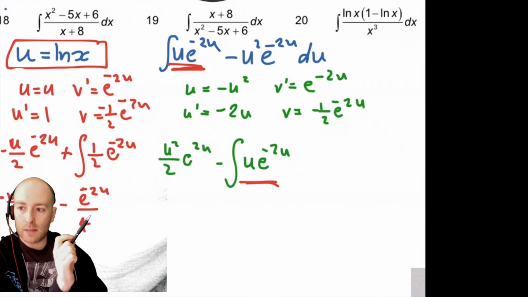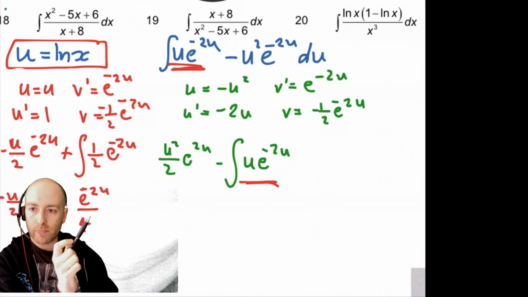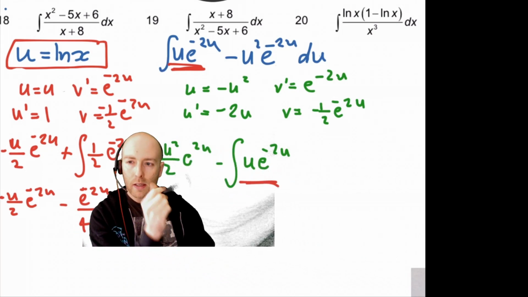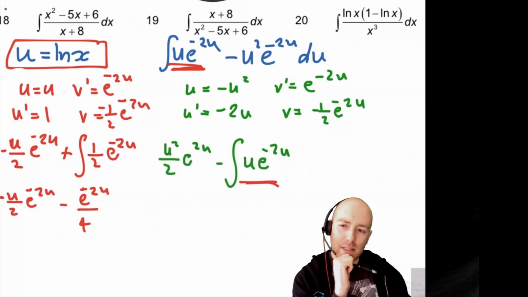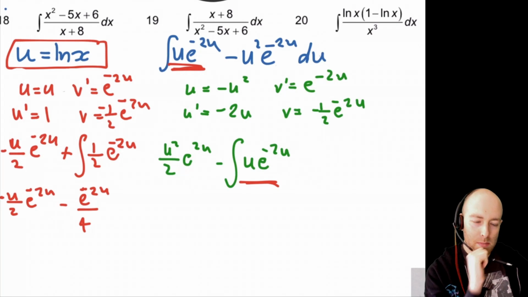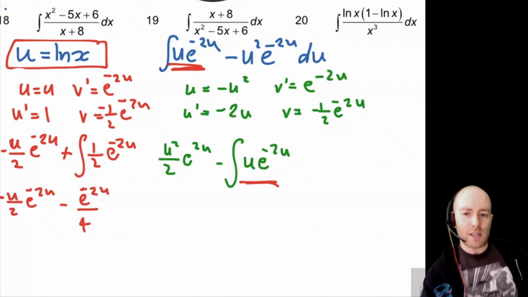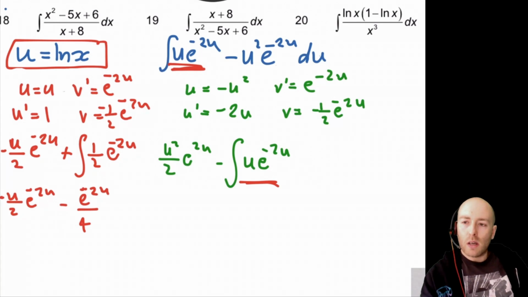So we're going to get this plus that. Now I feel like something's meant to cancel here, but maybe I've made a sign error. Have any of you guys done this one? I feel like there's a sign error, but I'm not sure. This happened when I did this earlier today as well.